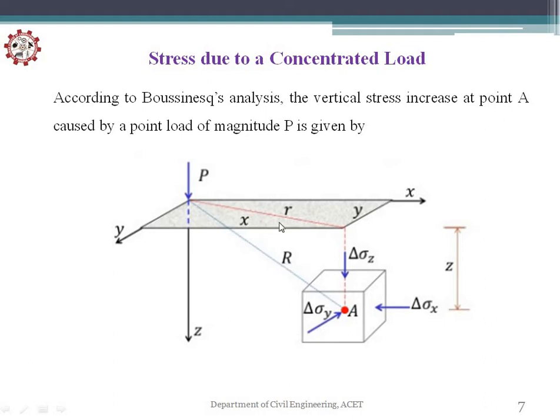With respect to the horizontal distance, the radial distance at the surface area to the point of application in the vertical direction on point A with respect to delta sigma z, that is r, and the distances are x, y, and the total depth is z with respect to point A. Delta sigma z, delta sigma x and delta sigma y are the respective stresses developed in the 3 dimensions.